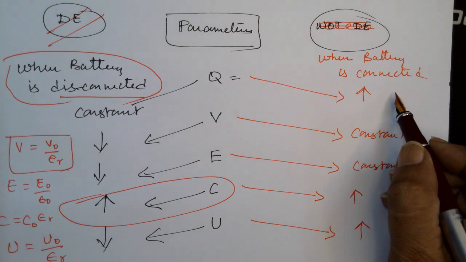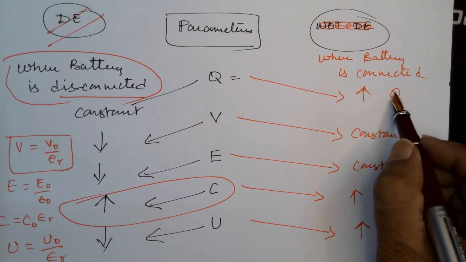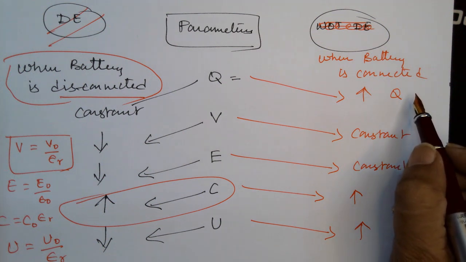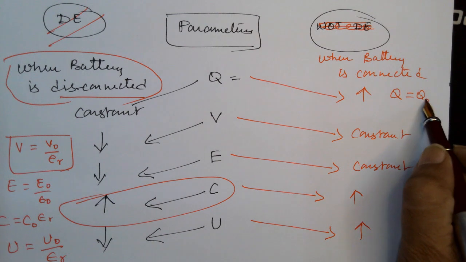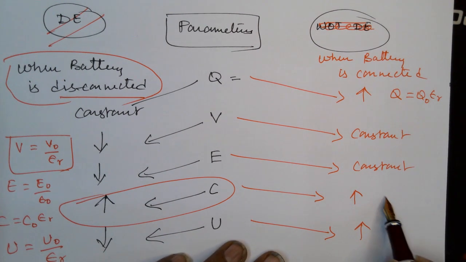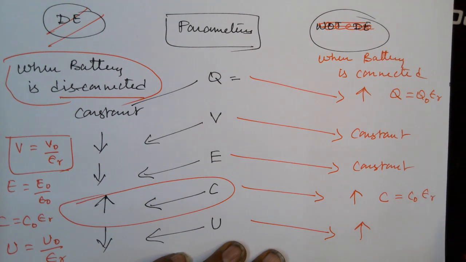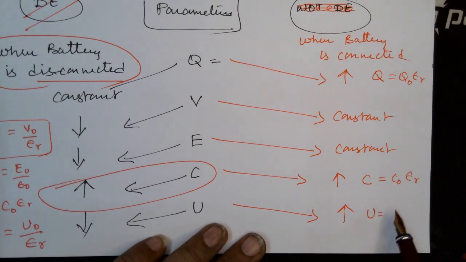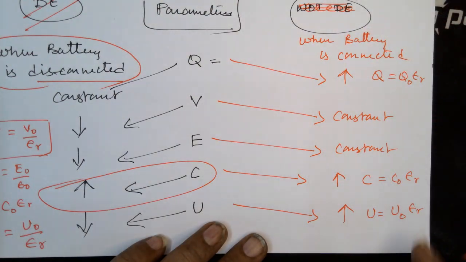So here, tell me, battery is connected, how is Q related? It is increasing, meaning Q equals Q naught into epsilon R, correct? And here C is equal to C naught into epsilon R, and U is equal to U naught into epsilon R. So with the connection, these are the results.